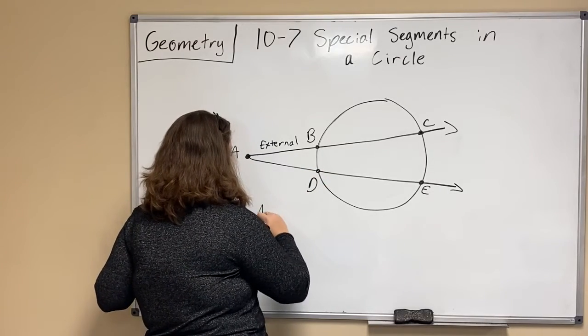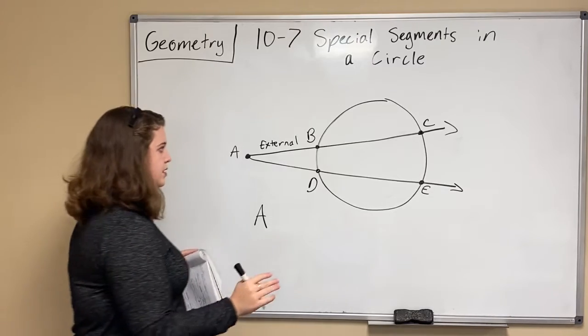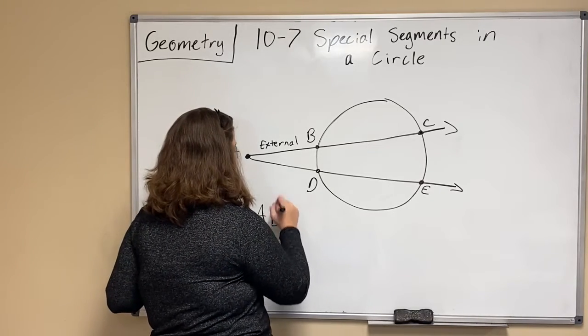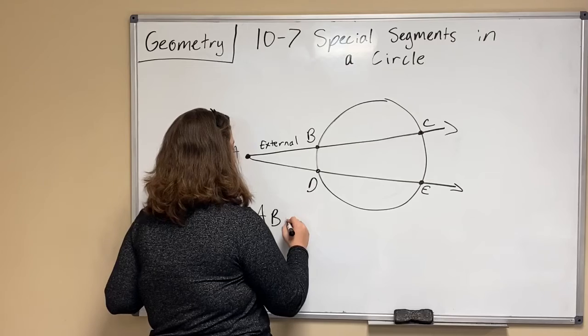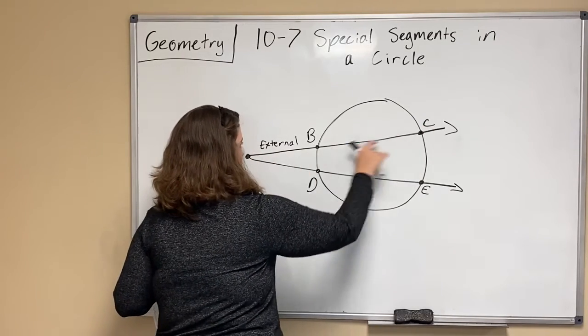So similar to the equation we had in the previous example, I'm going to do AB, our external segment, times AC, this whole one here.